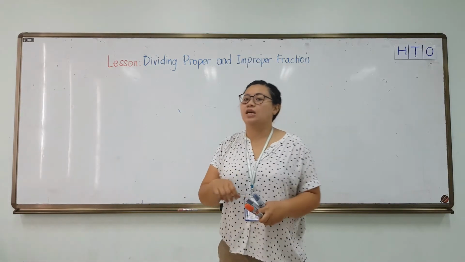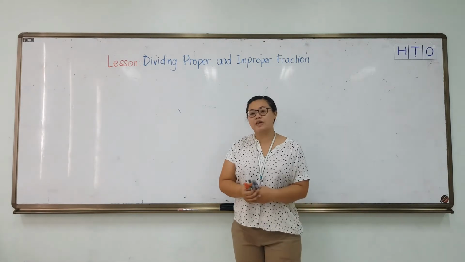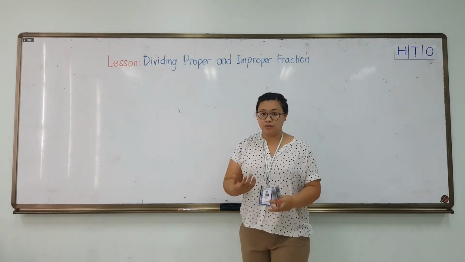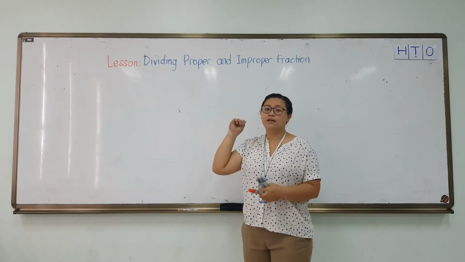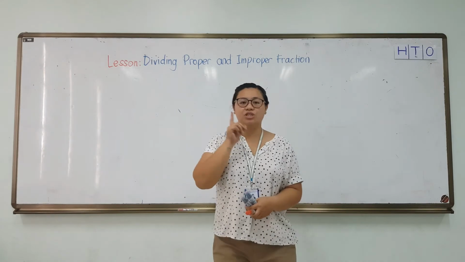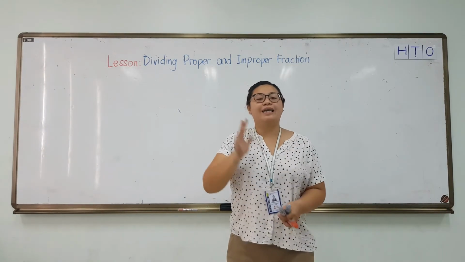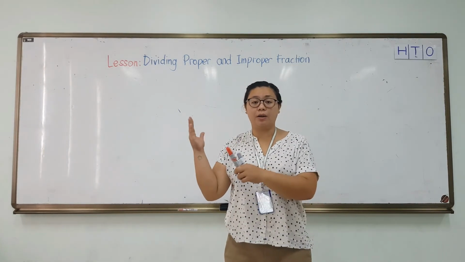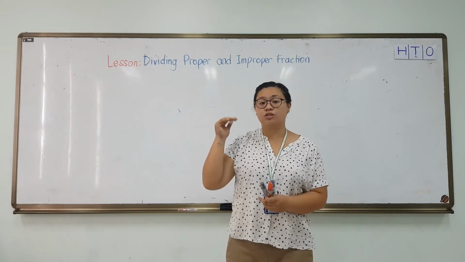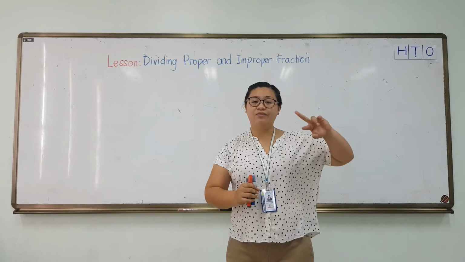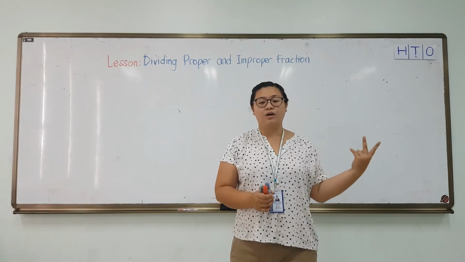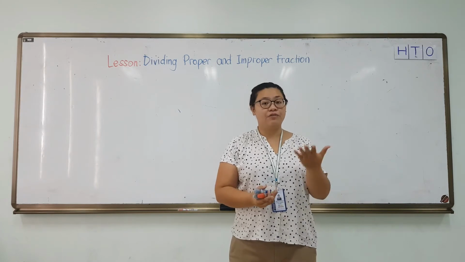Alright kids, so I promised you another example, but I want to actually reiterate, or say it again. The rule for dividing fractions is keep, change, flip. Keep the first fraction, change division to multiplication, and flip or switch places for the second fraction.